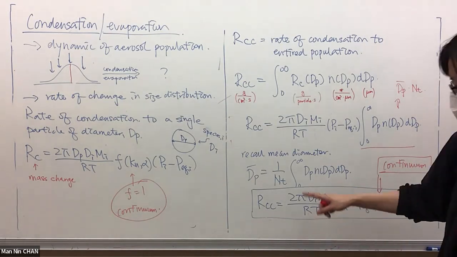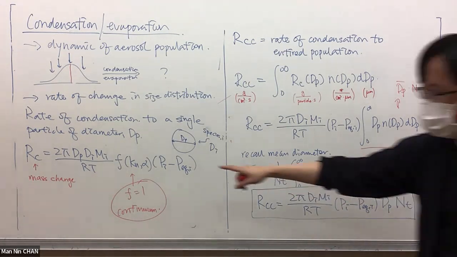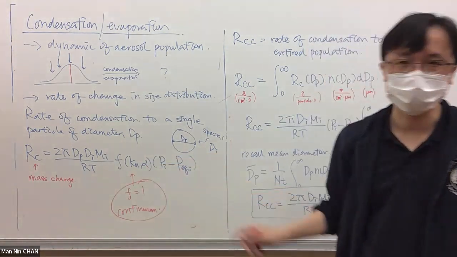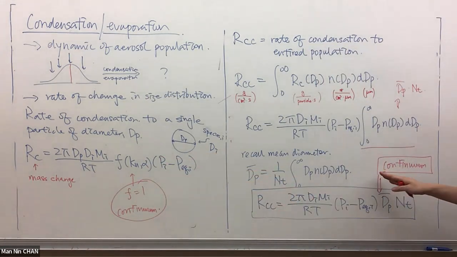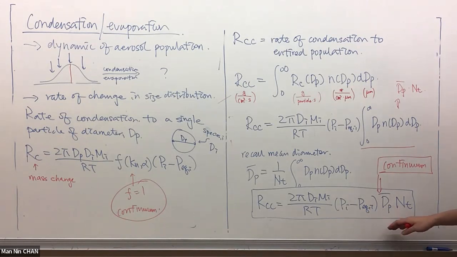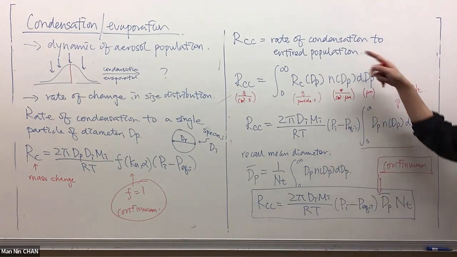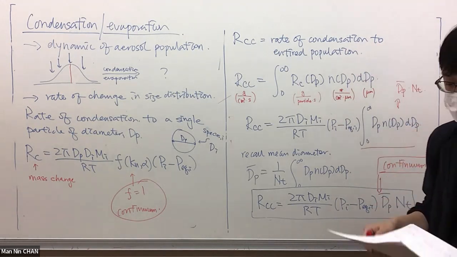If you're not in the continuum regime, then this is also a function of dp, and then your integration will become much more complicated. But here we just simplify this to a continuum regime. Are you okay with this? Okay, so now this gives you some idea about the rate of condensation to the entire population.